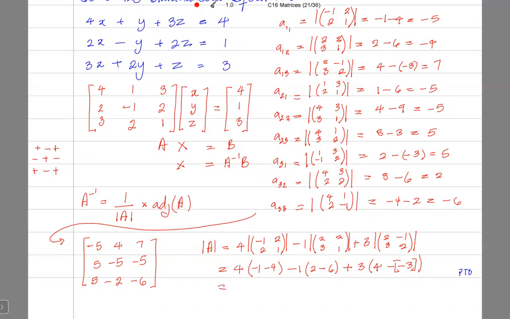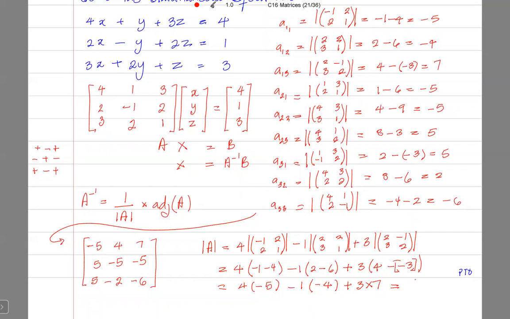All right, so answer here is 4 times minus 5, minus 1 times minus 4, plus 3 times 7, and that gives me a determinant of, that's minus 20 plus 4 plus 21.